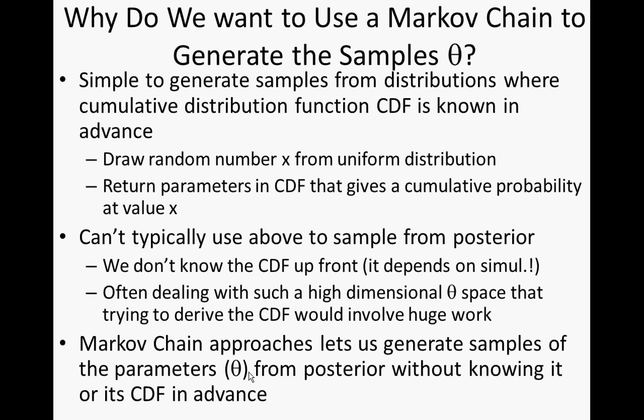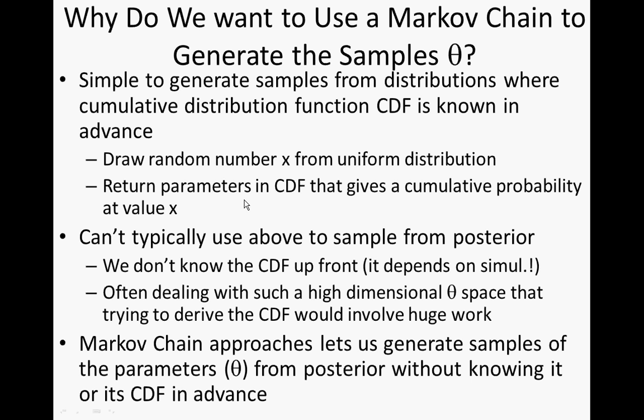We can't simply invert the CDF, having drawn this number from the uniform distribution. If we can't specify the CDF up front, we can't undertake this traditional way, and it becomes very awkward anyway in large numbers of dimensions. So we need another way besides this traditional way, illustrated up top, to draw values from arbitrary distributions.